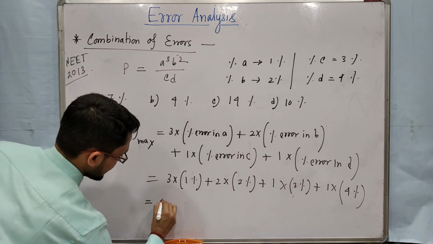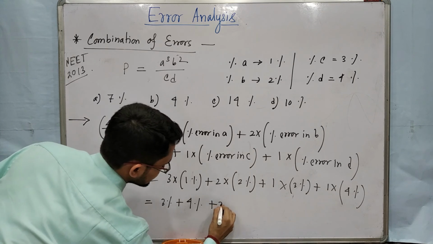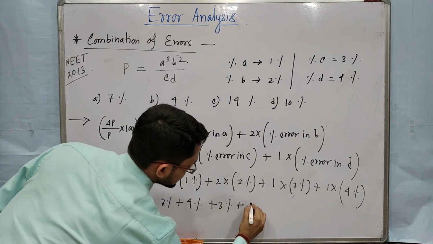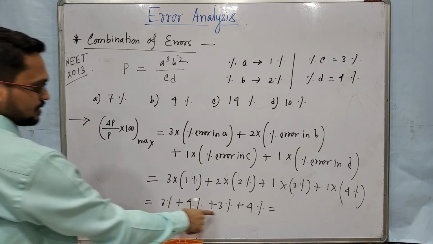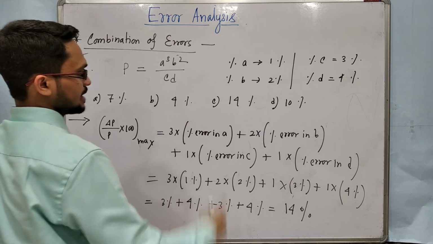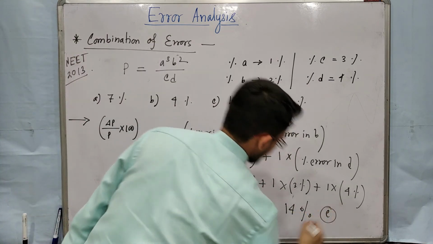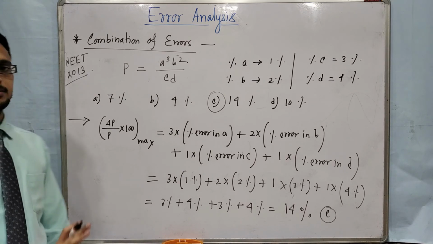Now multiply and add: 3%, 4%, 3%, 4%. So it will be 4 plus 3, 7, 10, 14%. So which one is the correct option? C. Understand?